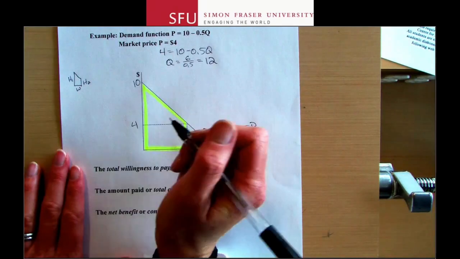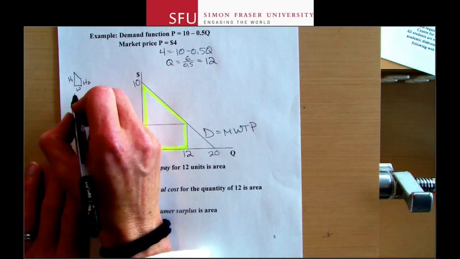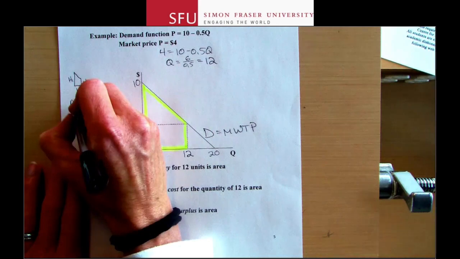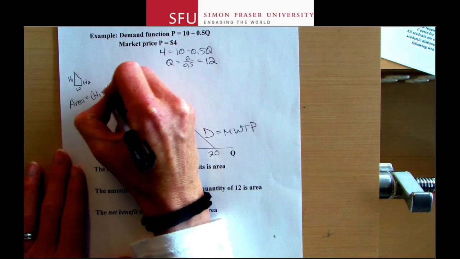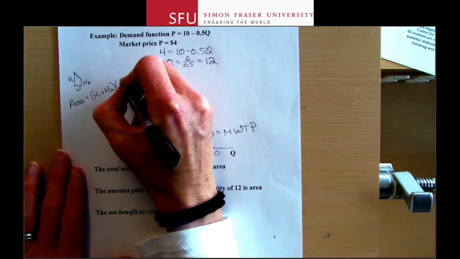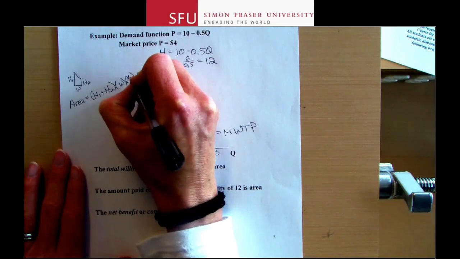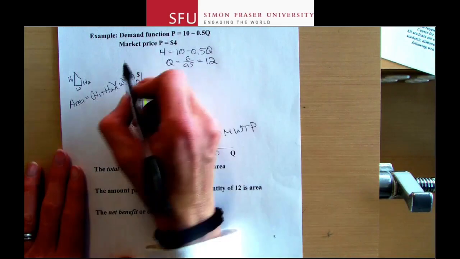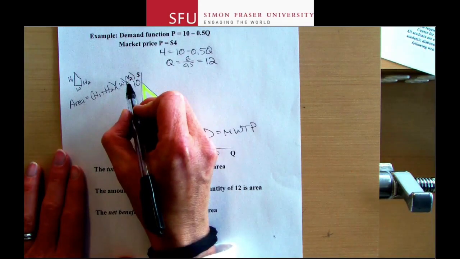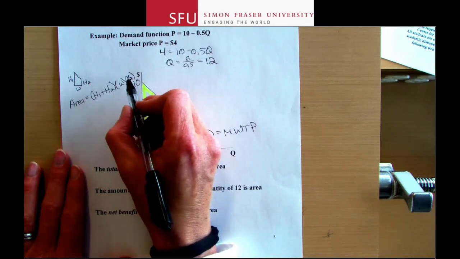To calculate the area, you add the 2 heights together, multiply by the width, divide by 2. That's a half. Okay, so that's supposed to say half. It looks like y2, but it's supposed to say 1/2.